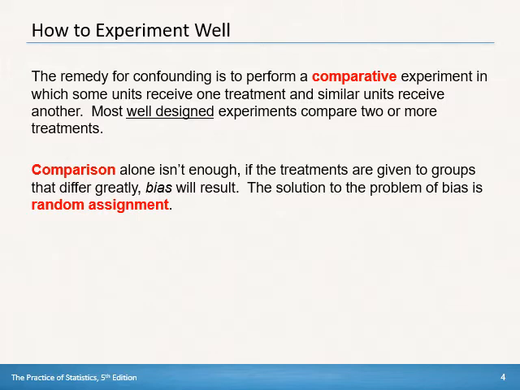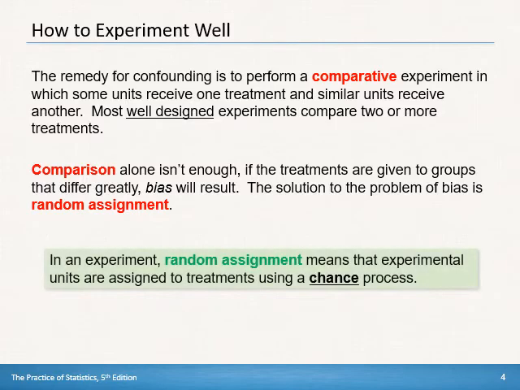Where the randomization comes in is that you randomly break them into, say, two groups, maybe three groups, depending on how many different treatments you want to test. So it's the random assignment to treatment groups from all of the experimental units that is going to make these treatment groups identical or as close as possible.